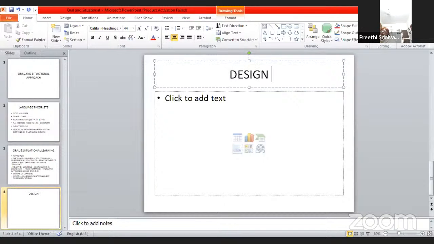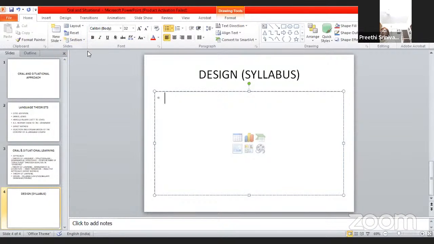So let's look a little bit at design. The design, in other words, is syllabus. And in this syllabus, we have structural syllabus. You have this.